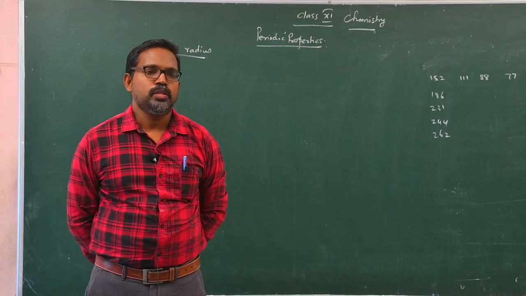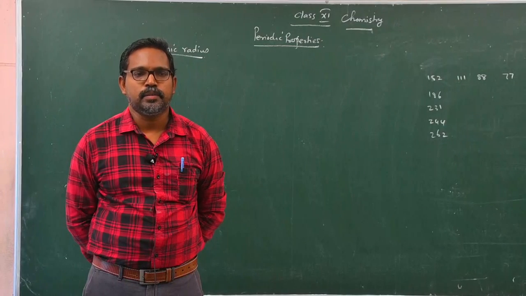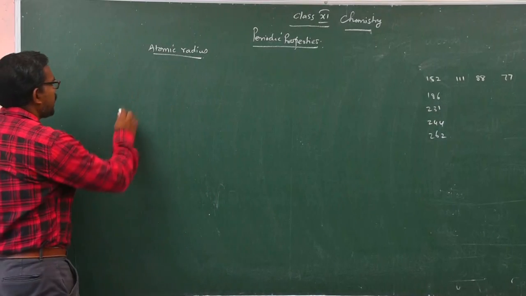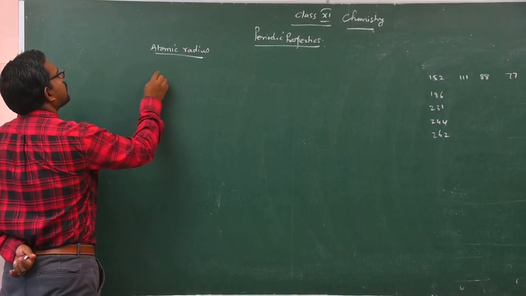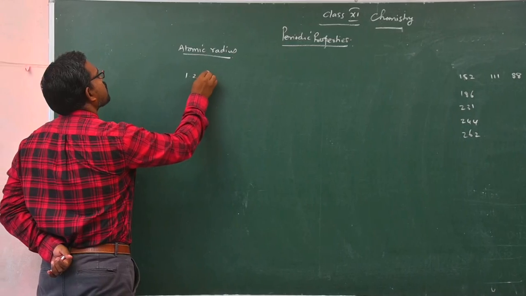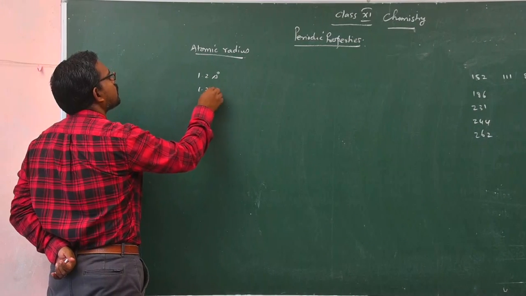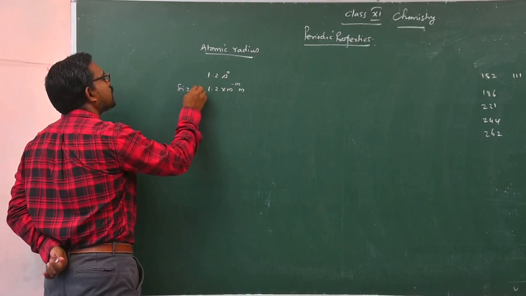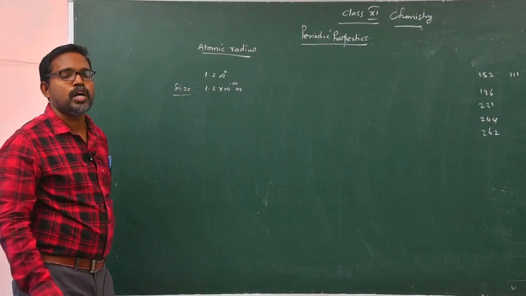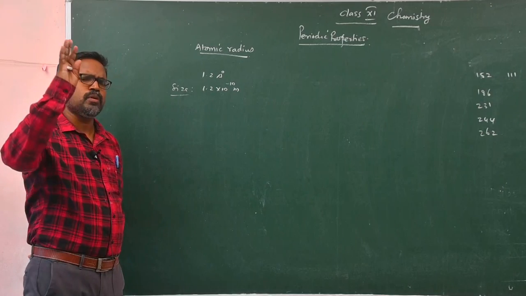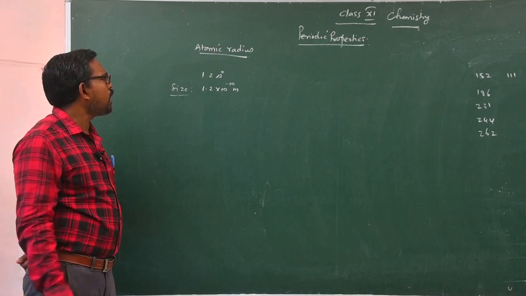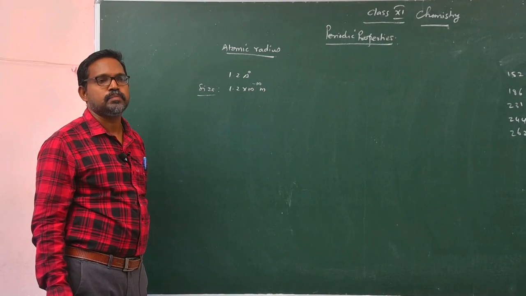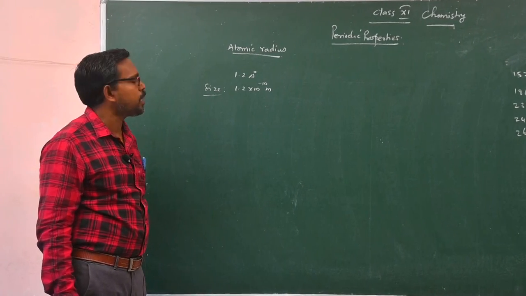We can't imagine the size of an atom in visible nature, because the size of an atom is approximately 1.2 Angstrom or 1.2 times 10 to the power minus 10 meter. Size of an atom is a very small quantity. Therefore, we can't find out the radii of an atom in a specific manner.